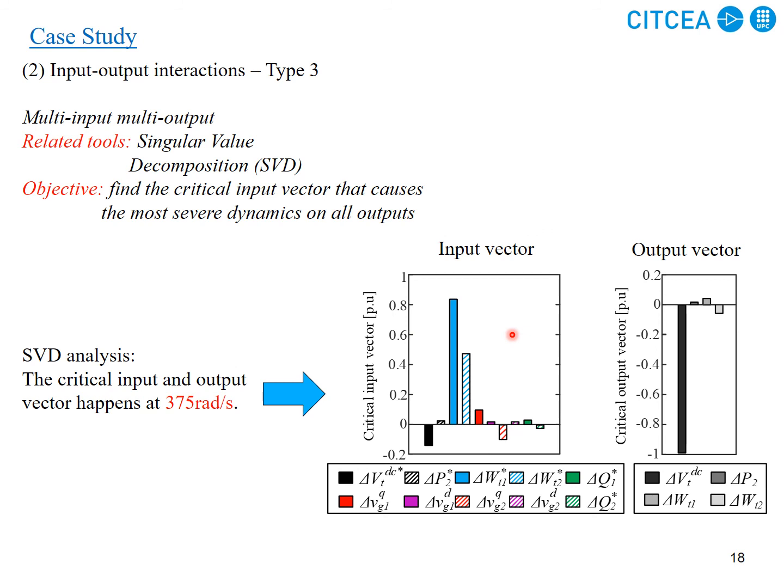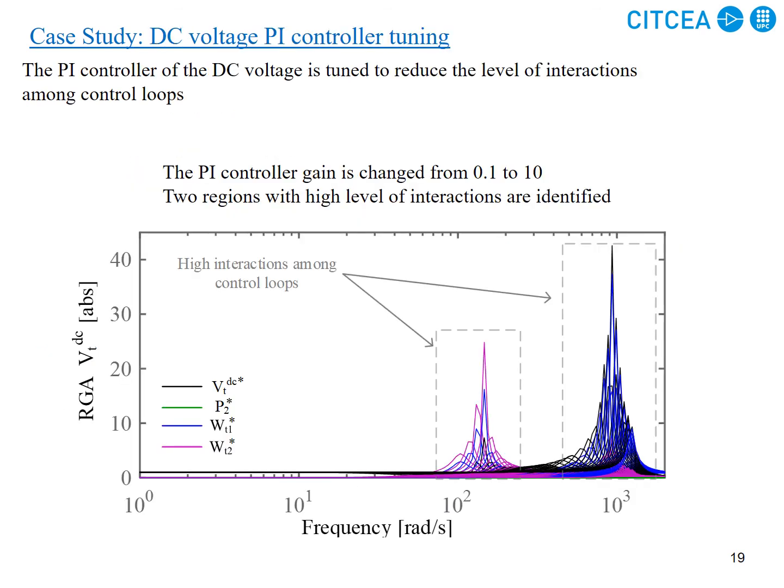Maybe in another system there is an input combination which is very probable, and then the critical output vector situation would be important. And with all this information we can tune our control system in a better way.